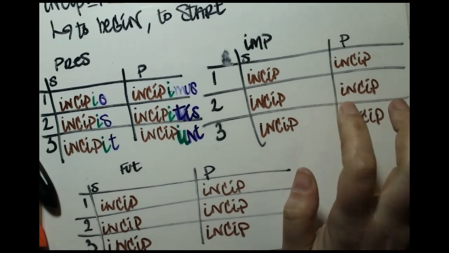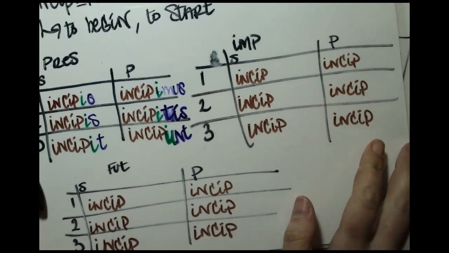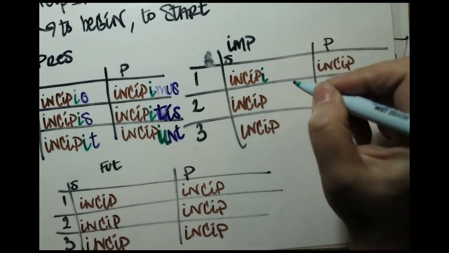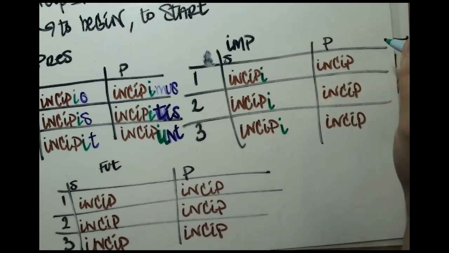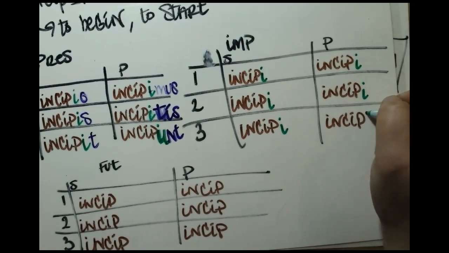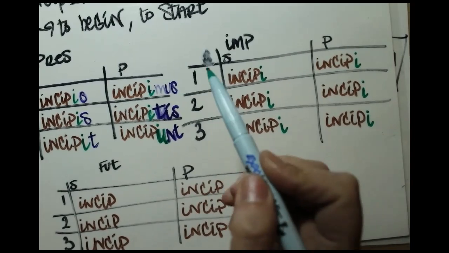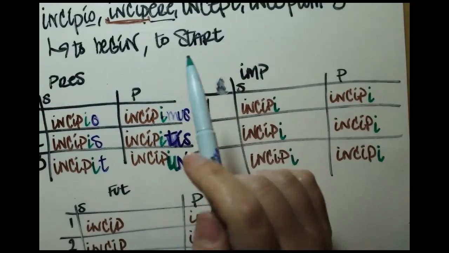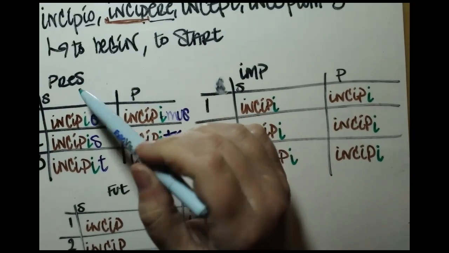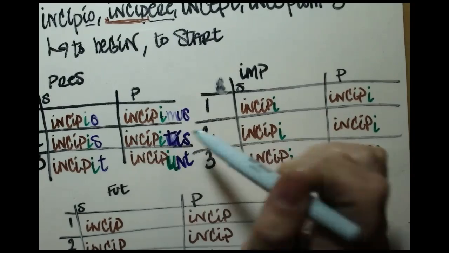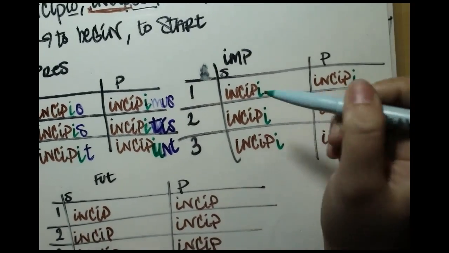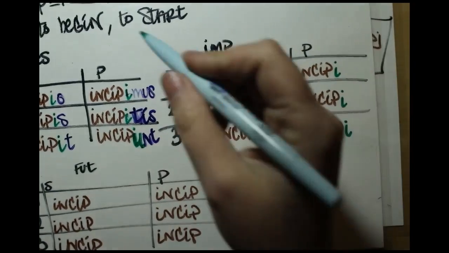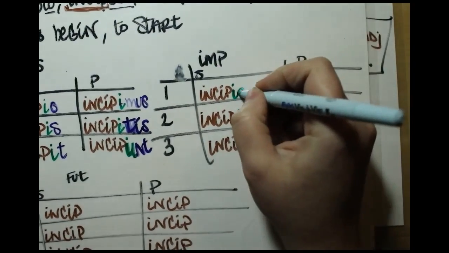In the imperfect, you also use that I again, but you don't just use the I. You also incorporate the E. In the present, you only use the I. In the imperfect, you use the I, which is in the first principal part, and the E that's in the second principal part.